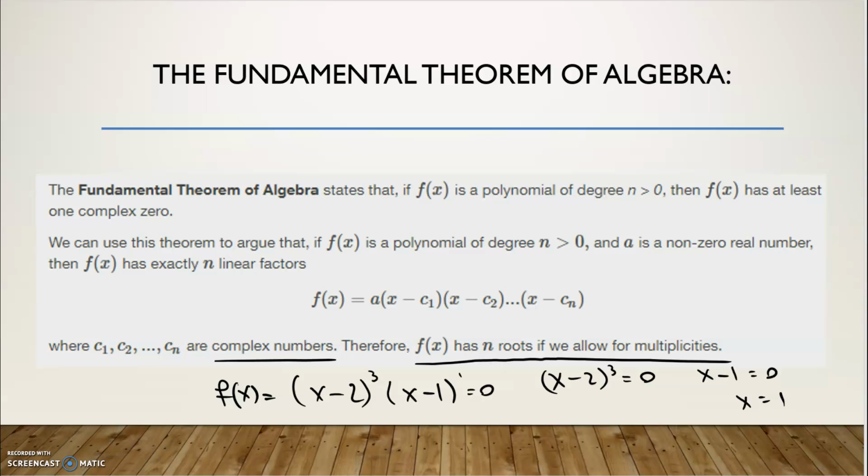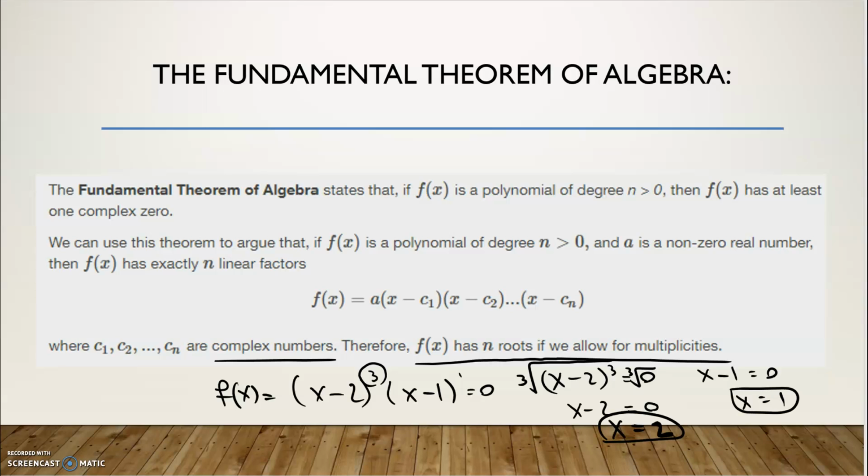Now that one has a multiplicity of 1. This one has a multiplicity of 3. So I would cube root both sides. So x minus 2, didn't change the other side. So x is equal to 2. So really what we're saying is we have one root here and we have one root here.